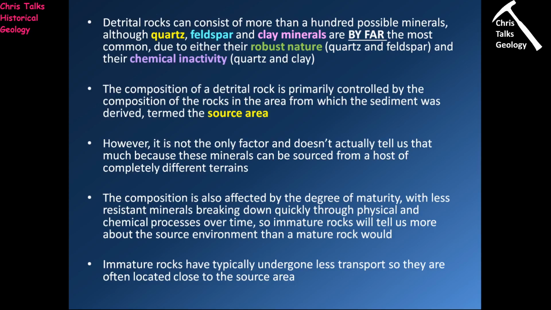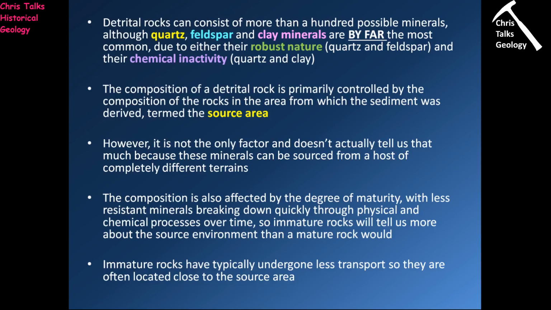The other reason why quartz, feldspar and clay minerals dominate is because the minerals can be chemically inactive. This goes particularly for quartz and clay minerals. I should point out feldspar is also pretty chemically inactive, but quartz and clay minerals are really inactive. So once again, as your sediment gets transported, you not only have the physical processes acting on your sediment, but you also have chemical processes. Your minerals will be reacting with things like oxygen in the air, or they'll be reacting with the water in the river.